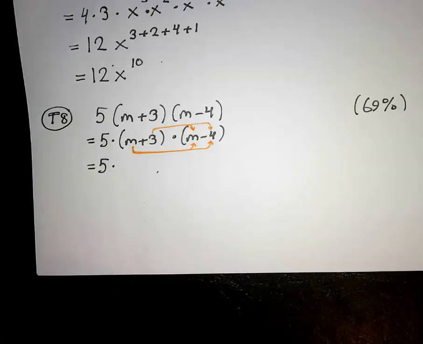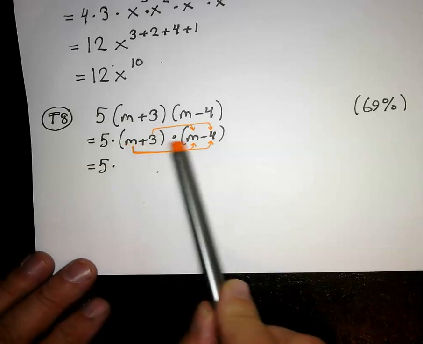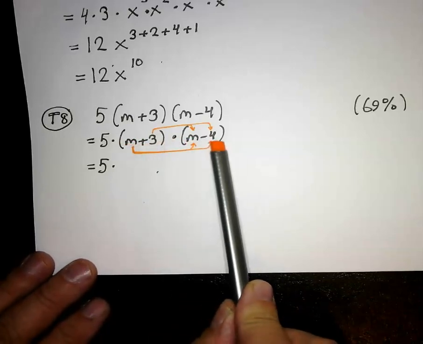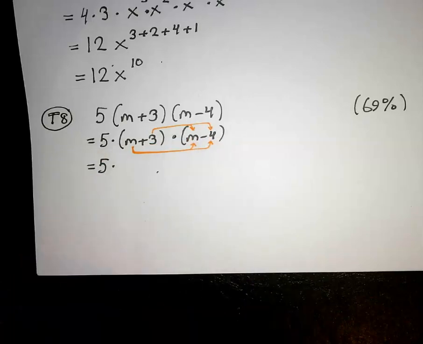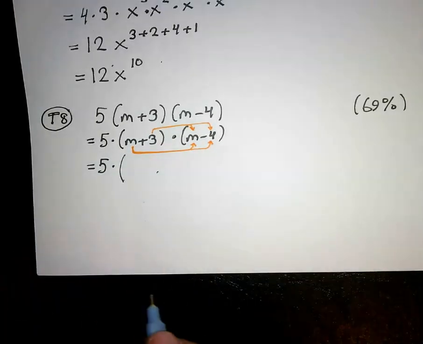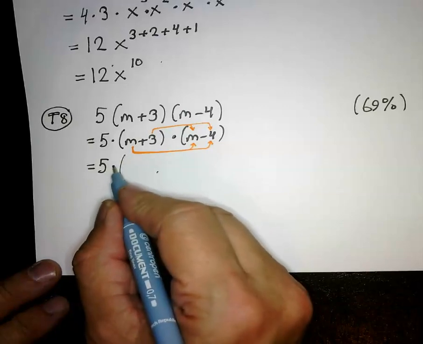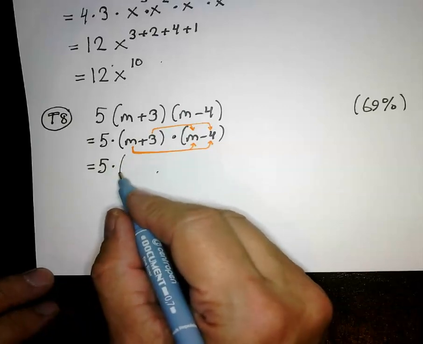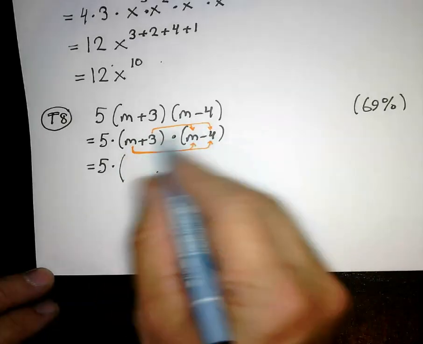So there become totally 4 multiplications: m times m, m times minus 4, 3 times m, and 3 times minus 4. And now we use parentheses here, and this 5 is a factor which will be multiplied with this result which we get from this multiplication.